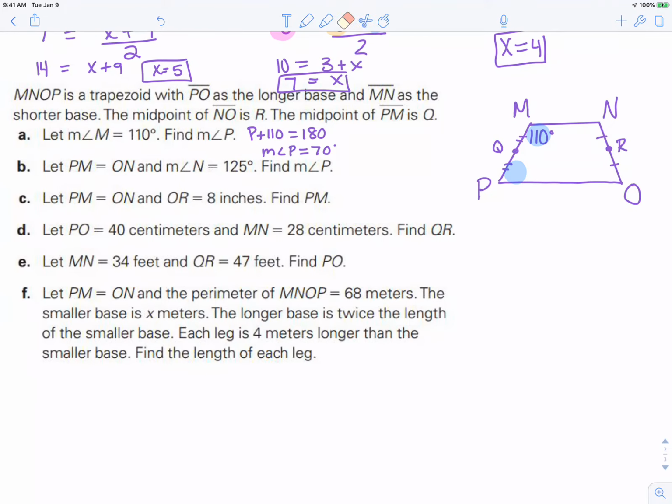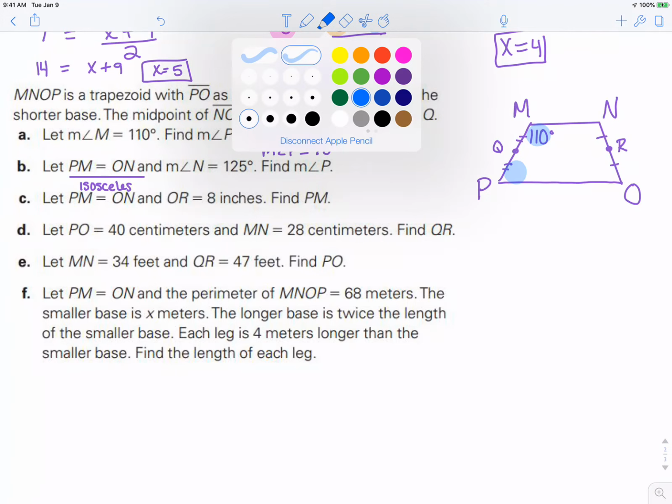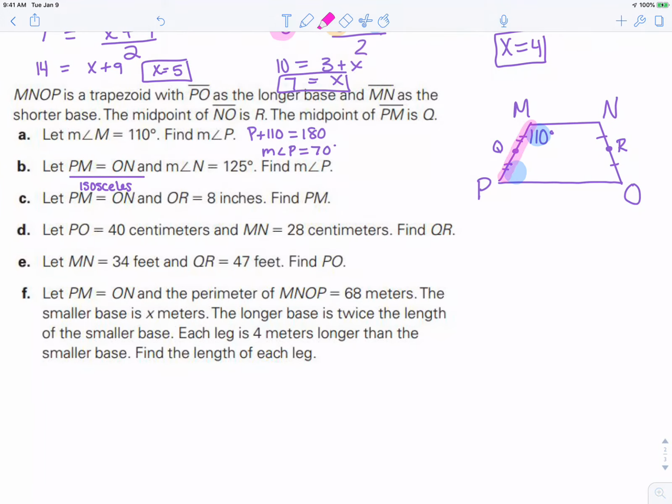Part B. Now we know that PM is the same length as ON. That tells me that the trapezoid is isosceles. If we know that PM is the same length as ON, then the trapezoid itself is isosceles. That being said, we can apply the base angles theorem.